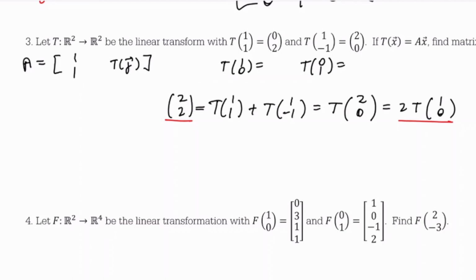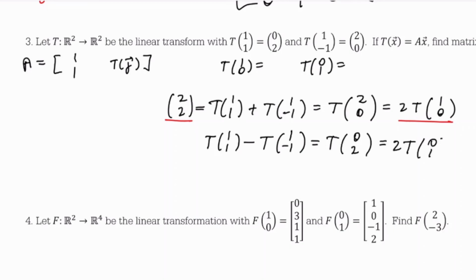And then T of j, I'm going to probably need to figure that out by subtracting. Yeah, if I take T of (1, 1) and I subtract T of (1, negative 1), that would be equal to T of (1 minus 1 is 0, and 1 minus negative 1 is positive 2). And that's twice T of (0, 1), which is what I'm looking for, T of j.